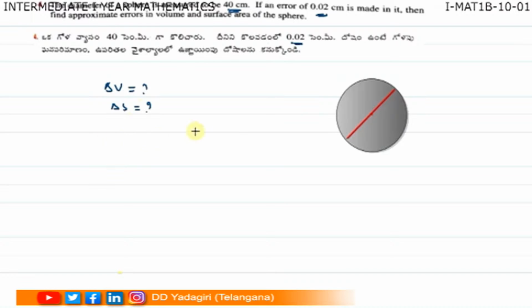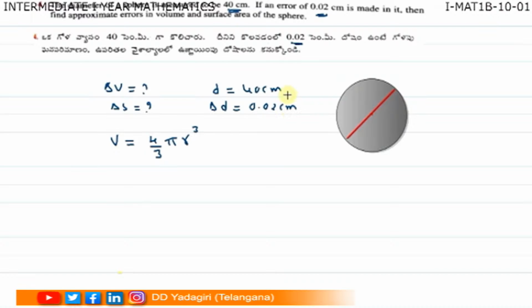So we know the given contents. Write down the given contents here. D is given as 40 centimeters and the error in D, delta D, is equal to 0.02 centimeters. Now we know the formula: V is equal to 4 by 3 pi r cube, the volume of the sphere.